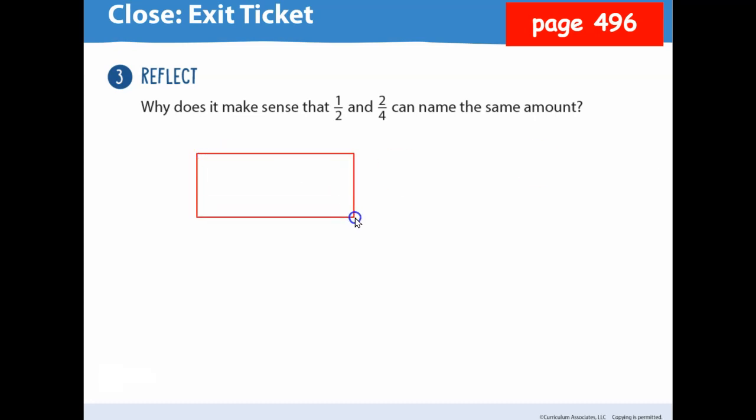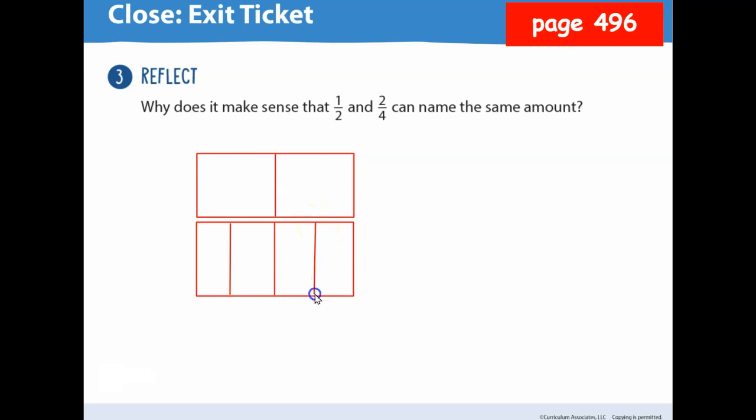Alana? Yes, on the number line, they're both on top of each other. Right here, you could tell that if I highlighted 2 fourths and a half, I'm highlighting the same amount, right?